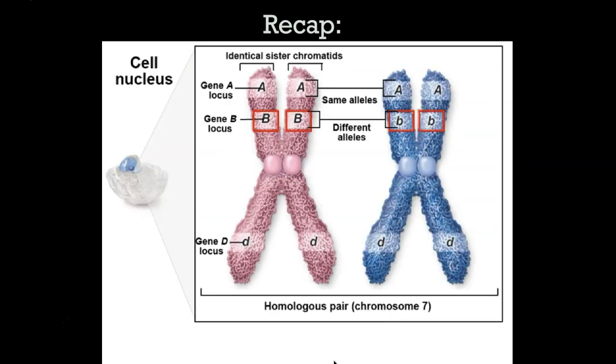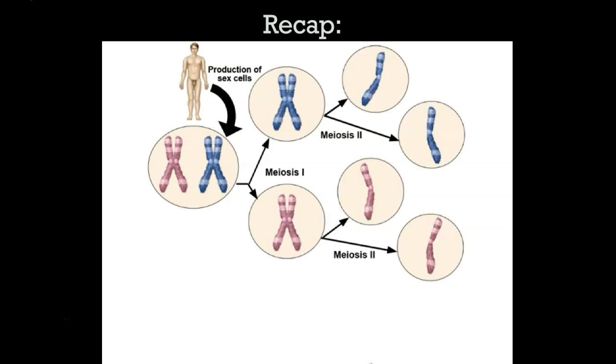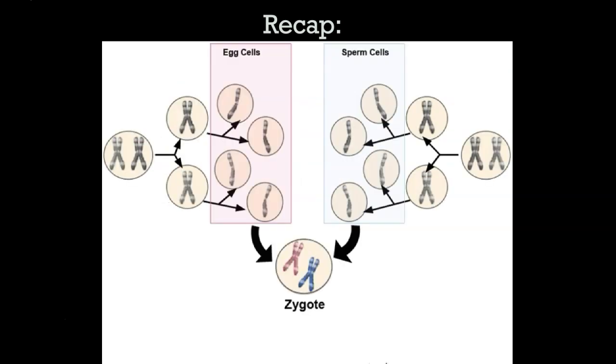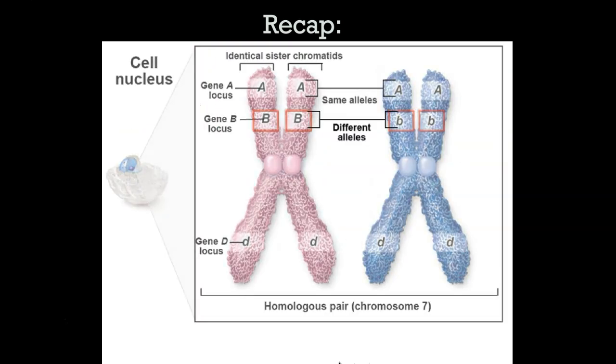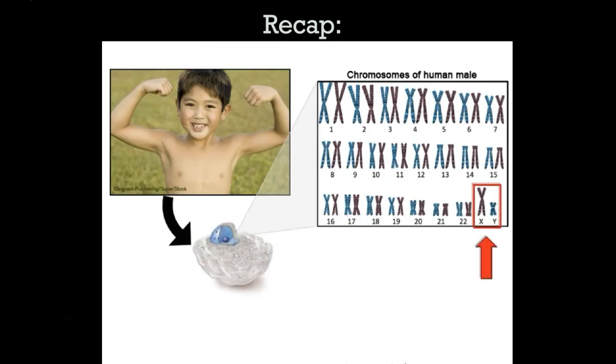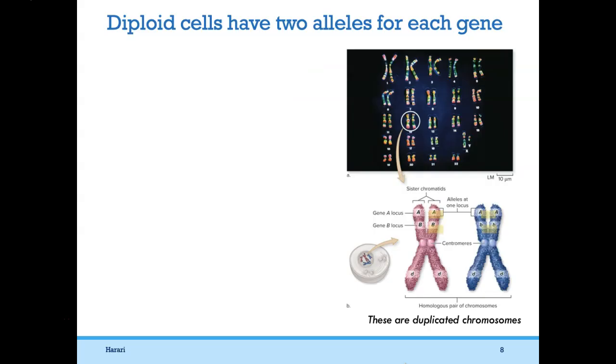If you have any confusion about alleles, sister chromatids, homologous chromosomes, if it's not 100% clear, watch this video until it is clear. It's going to be very hard to understand genetics if you don't understand meiosis. So please review this video on homologous chromosomes. It's actually also in the homework assignment.